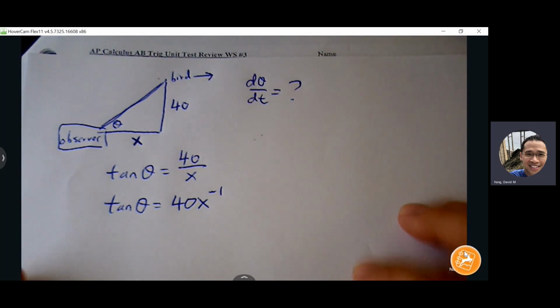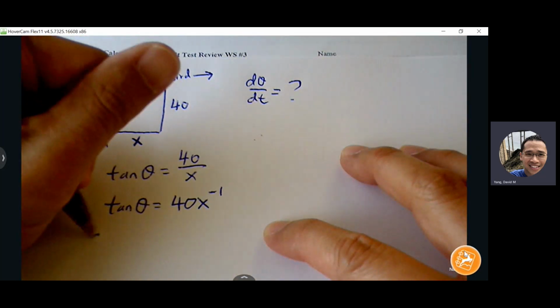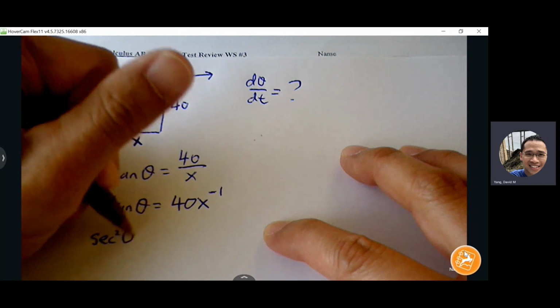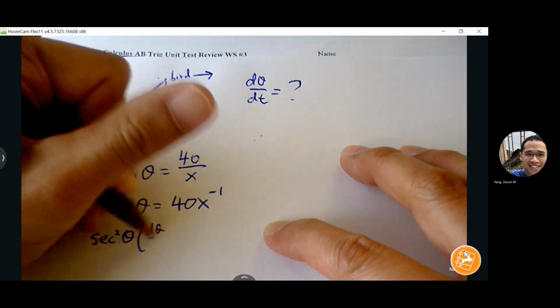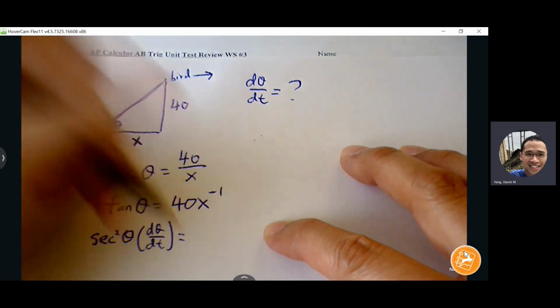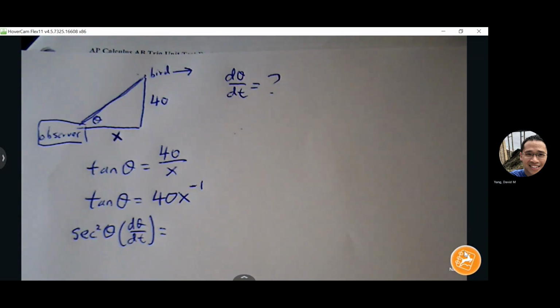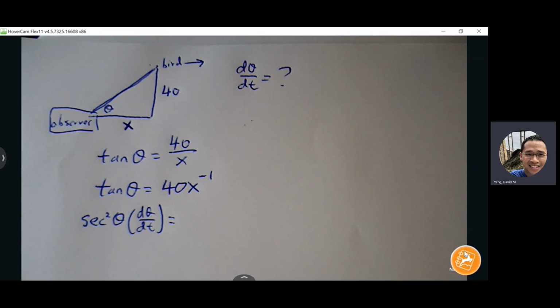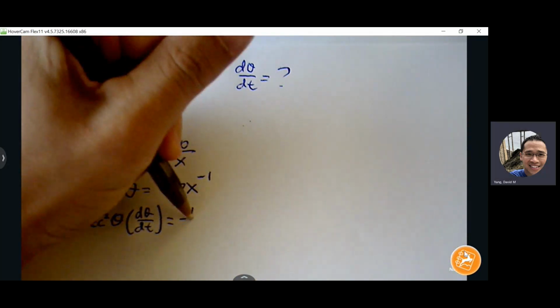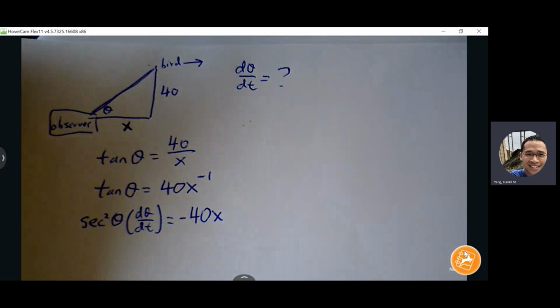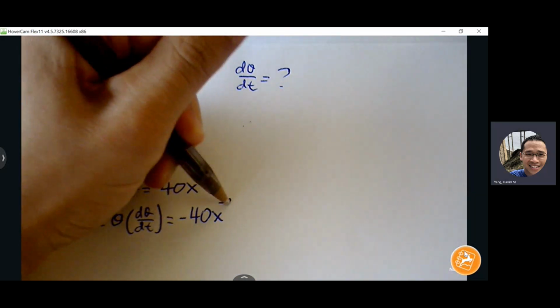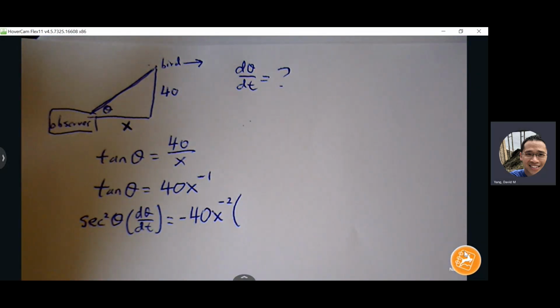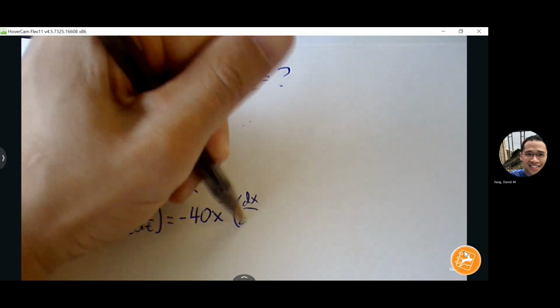We're ready for our derivative. Tangent becomes secant squared theta times d theta dt. 40x to the negative 1 becomes negative 40, x to the negative 2, and what? dx dt.